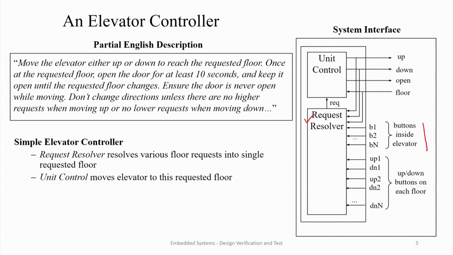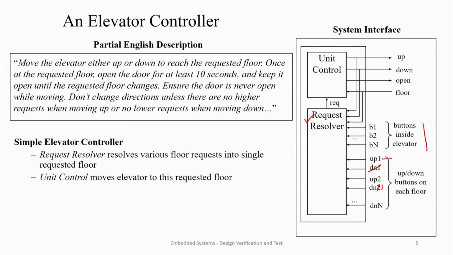What are these buttons? At the ground floor you do not have a down button. So, you have an up one, and you do not have a down one at the first floor. You have an up 2 and a down 1 in floor 1. So, in the ground floor you only have an up 1 because you cannot go down.